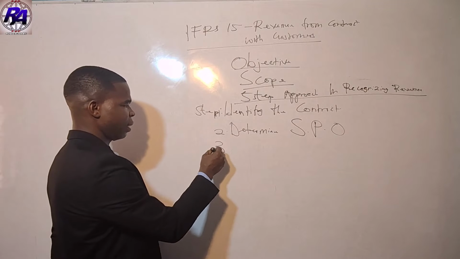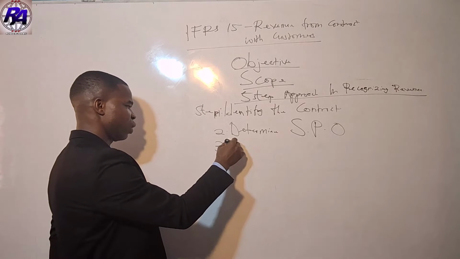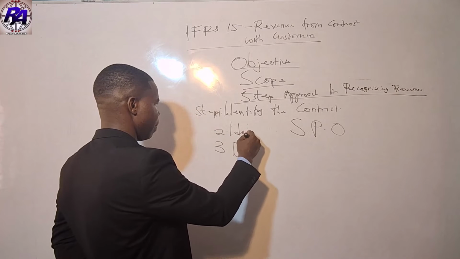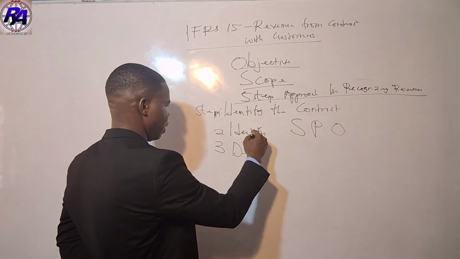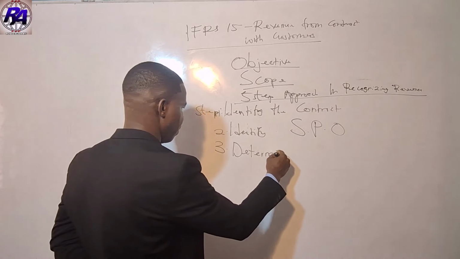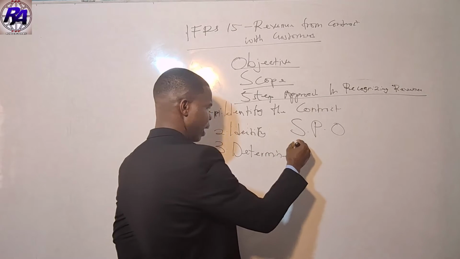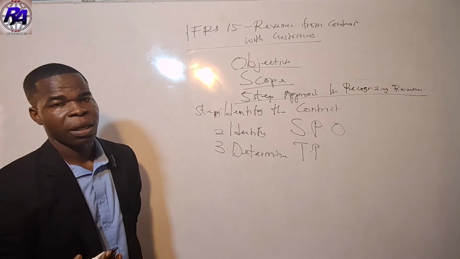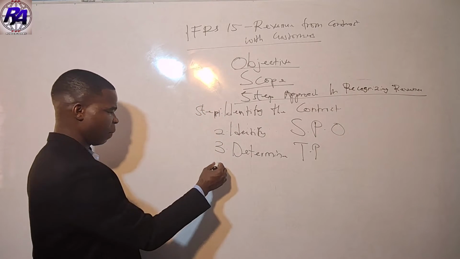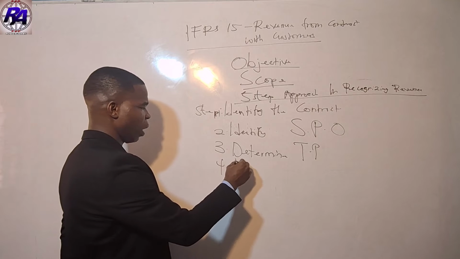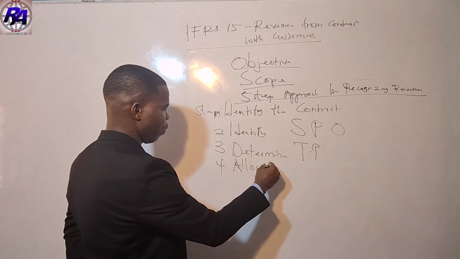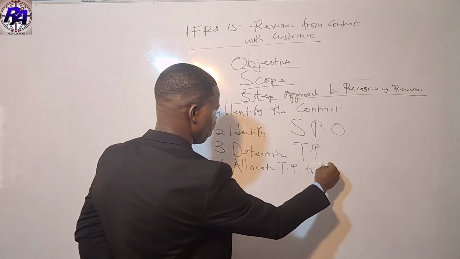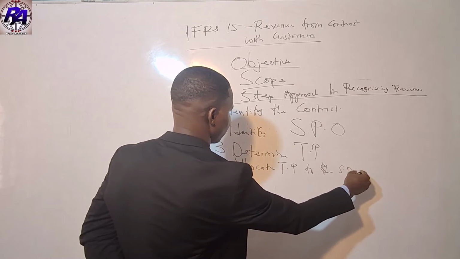Then at step 3, we should identify the separate performance obligation. Here, we are going to determine the transaction price, the consideration in the contract. That is step 3. Step 4, we are going to allocate the transaction price to the separate performance obligation.